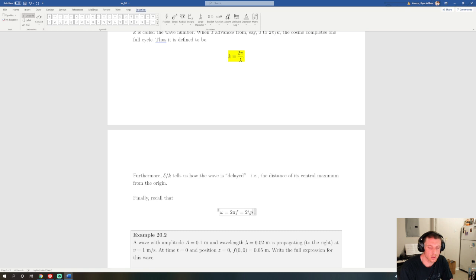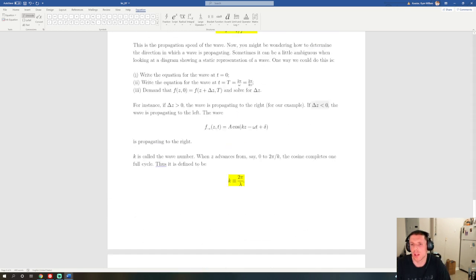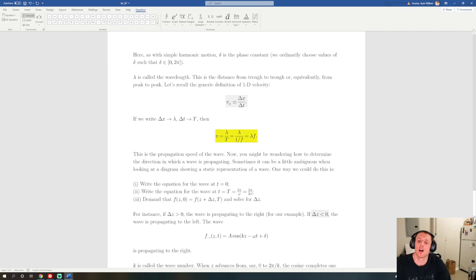Now, we'll keep the 2 pi as it is, of course. We couldn't really substitute anything for that even if we wanted to, but remember that the frequency is just 1 over the period, right? And from the wavelength equation, we see that 1 over T is v over lambda, because I can always just take this equation that we have here, put a 1 there, and then divide this by lambda.